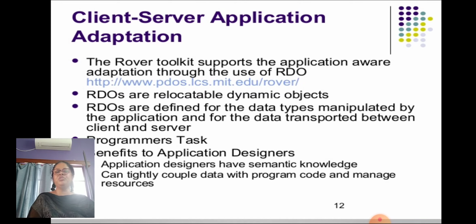The Rover toolkit supports application awareness through the use of RDOs. RDOs are relocatable dynamic objects. RDOs are defined for data types manipulated by the application and for the data transported between client and server.